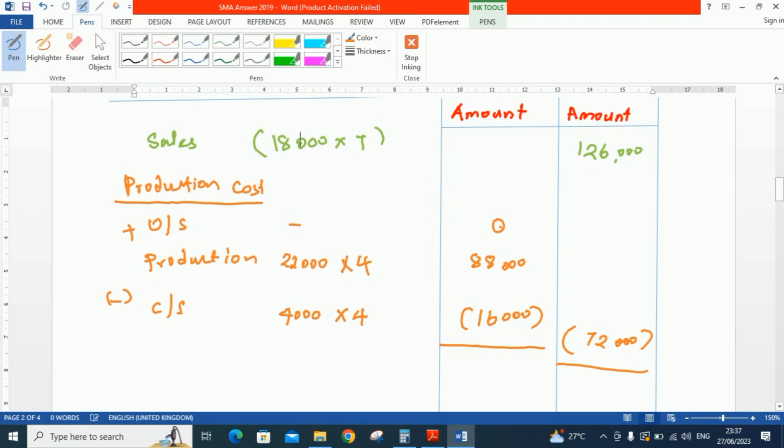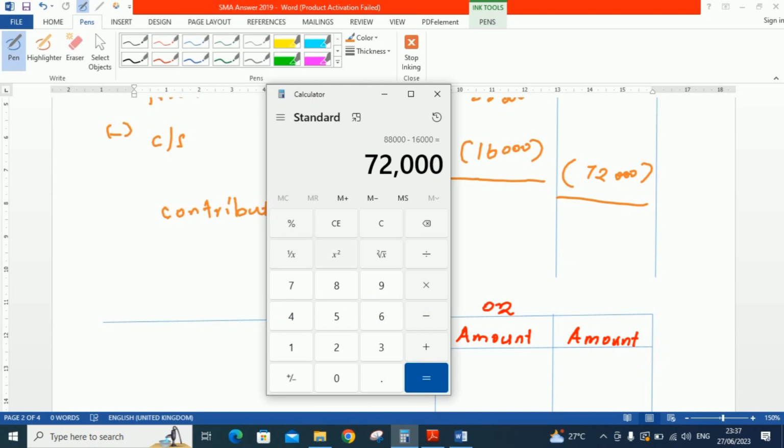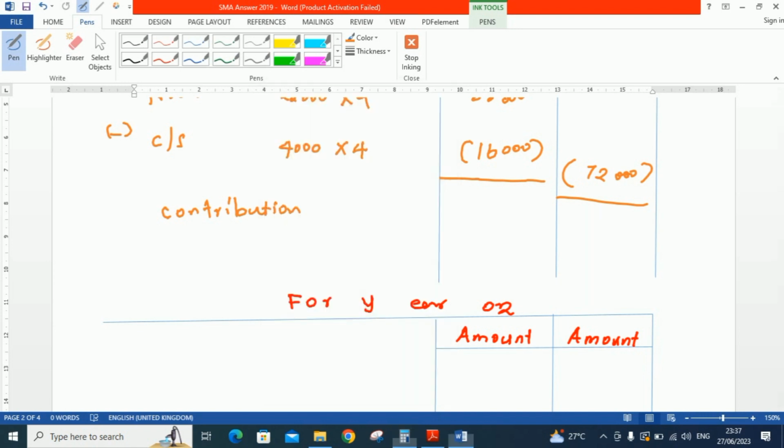When we deduct the 72,000 from sales, it's called the contribution. 126,000 minus 72,000 gives 54,000 contribution. Then we need to deduct the fixed cost.